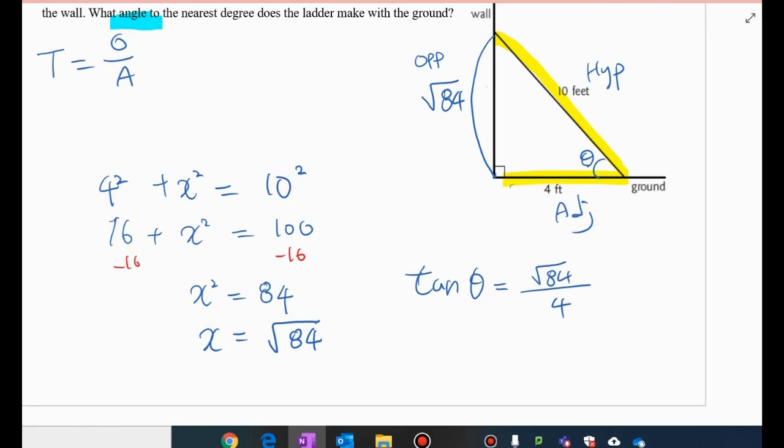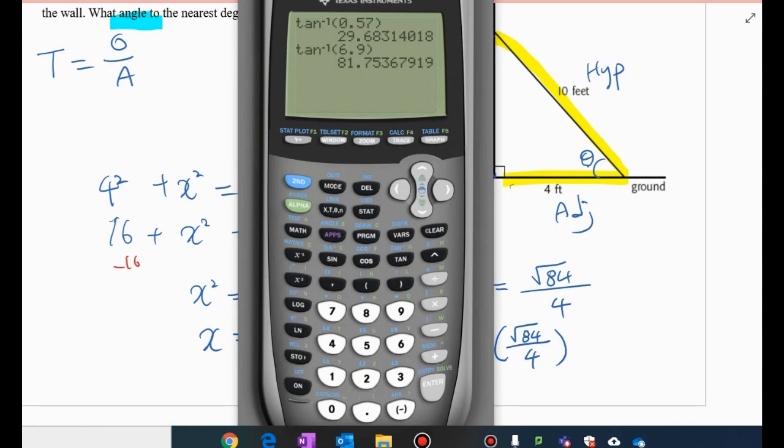To find the angle, would you use inverse tangent or regular tangent? We are using the inverse tangent. Square root of 84 over 4. Okay, so let's put this into your calculator.